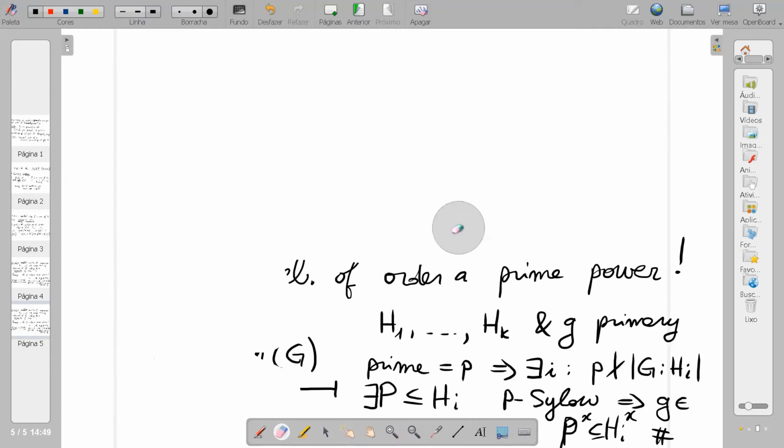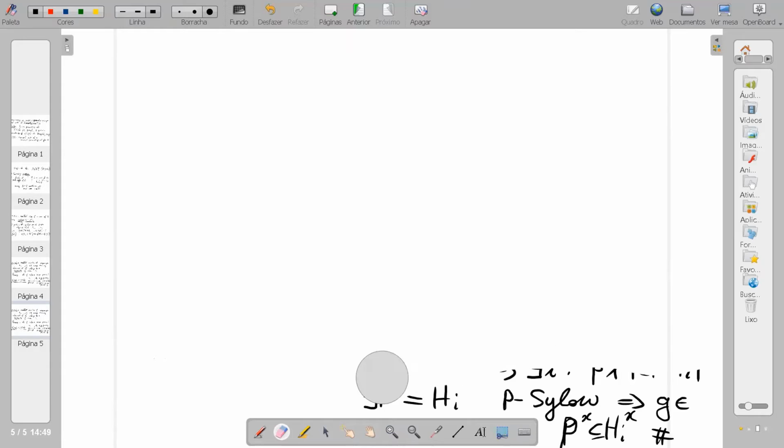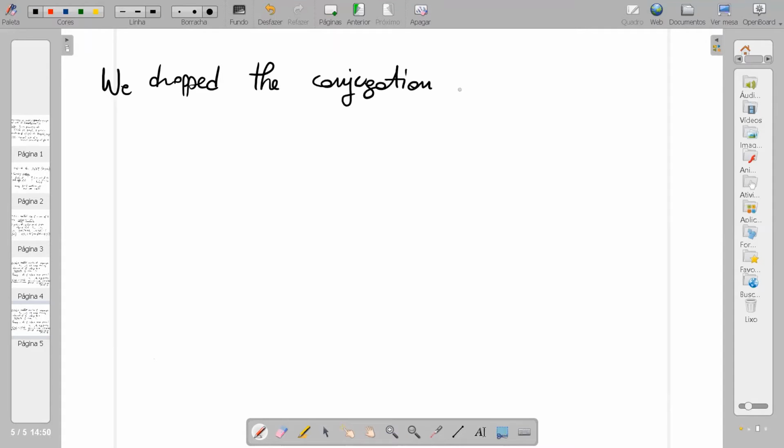So he proved some interesting results about these numbers. What we decided to do is to drop the conjugation part.